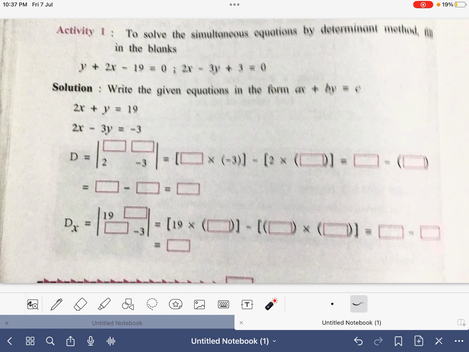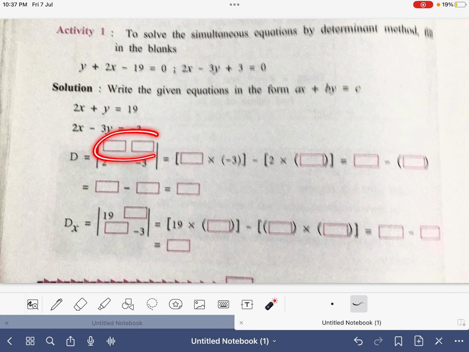So first of all, this is one example which is given to you, or this is one activity. We have to complete the activity. To solve the simultaneous equations by the determinant method and fill in the blanks.